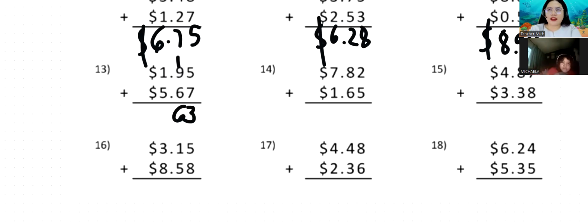Hmm. What is 5 plus 7, anak? 8. Sorry? 5 plus 7 is?